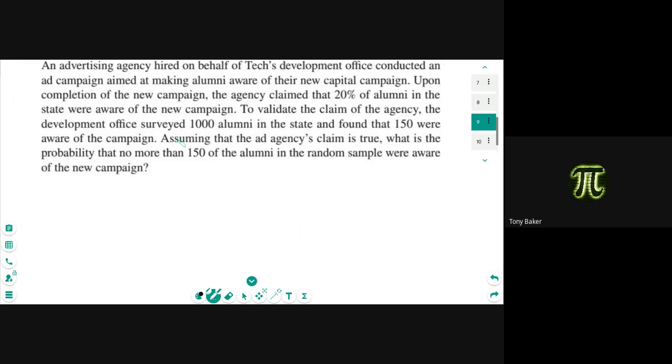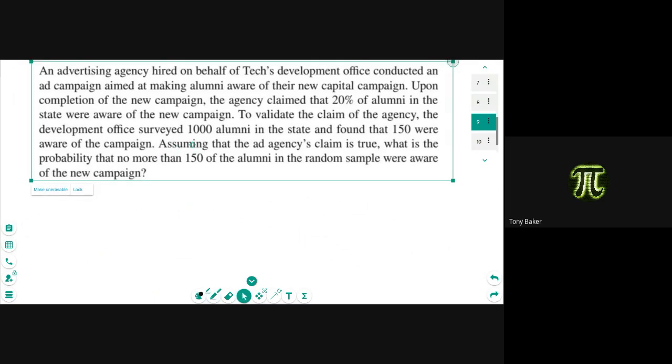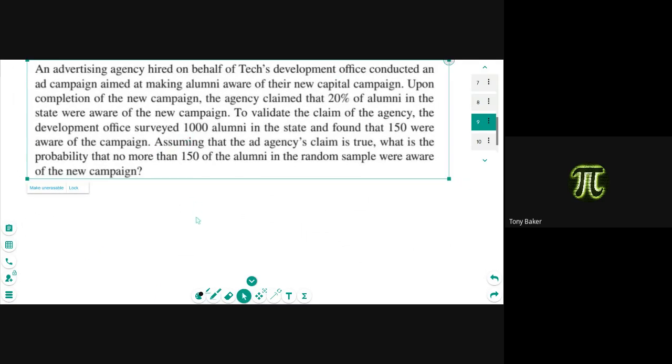All right. Let's look at this one. Okay. Find me my n. Find me my p. My mean, and my standard deviation. np is the mean, and the standard deviation.